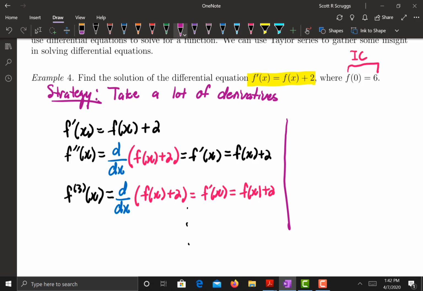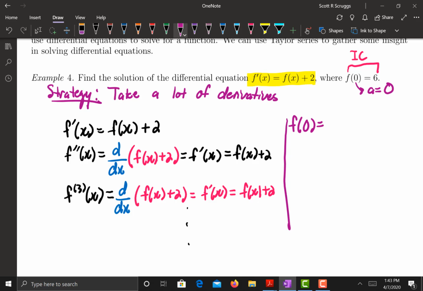So now let's start figuring out what we want to center our Taylor series on. Because I'm given initial information when I plug in 0, I'm going to let that initial information be my center for the Taylor series. So I'm essentially going to do a Maclaurin series. I plug in 0.